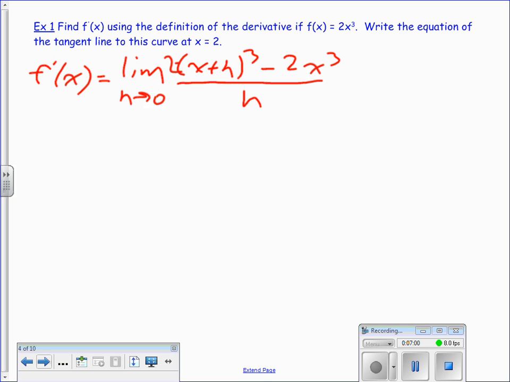F of x plus h minus f of x. So f prime of x is equal to the limit as h approaches 0.